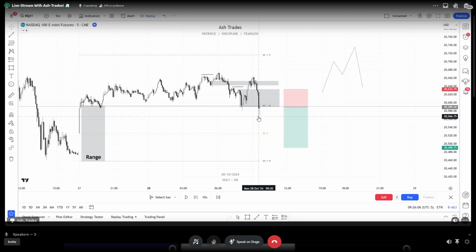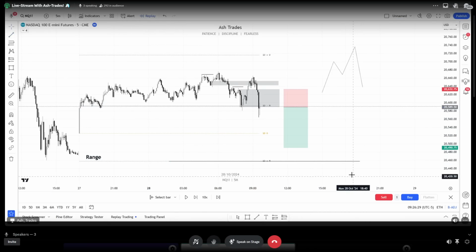So we're looking at a continuation breaker to move back into the range. And understanding draw on liquidity, because I said draw on liquidity was my second most important concept, I don't need to be greedy and target a complete fill of the range, right? A complete fill of the range would be here. I don't need to be greedy.